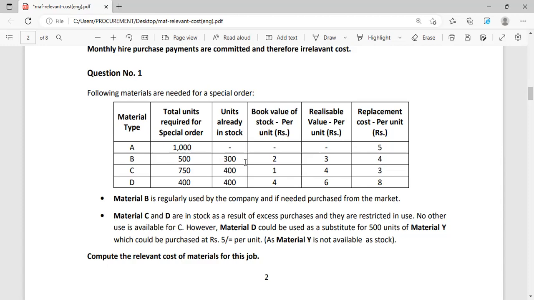Okay, so sorry, let's continue now. The following materials are needed for a special order.